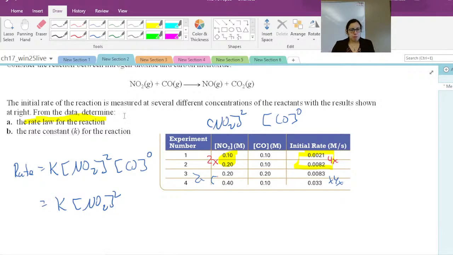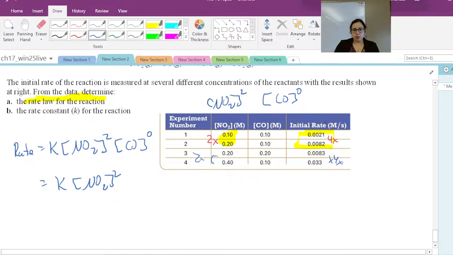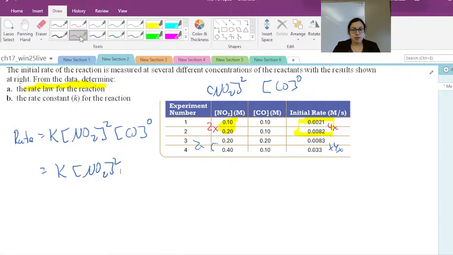The second part of our question asks us to determine the rate constant for the reaction. For that we can pick any data point. I'll probably do the first one, just because it has easy numbers. So now part B.